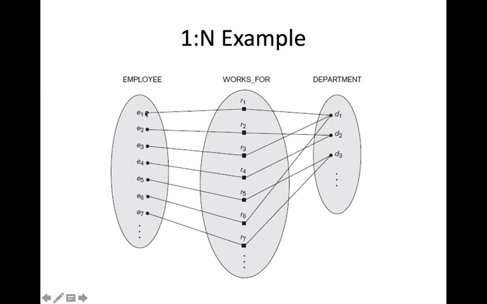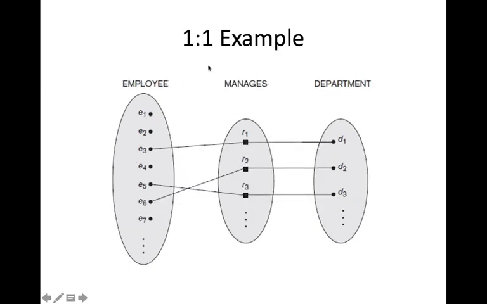An employee can work on a single department, and a department can have n employees. D1 has 3 employees, D2 has 2 employees, D3 has 2 employees. But on the left-hand side, a particular employee E1 works only in D1, or E4 works only in D2. So this is known as 1 is to n cardinality ratio.